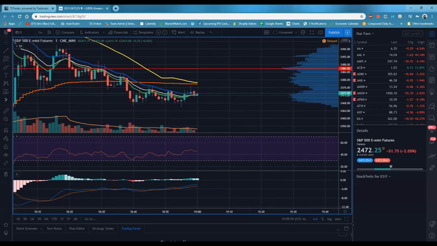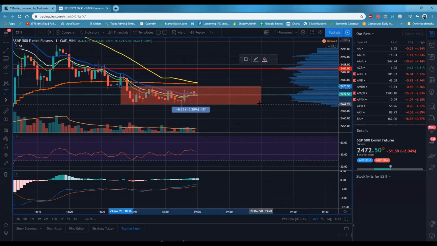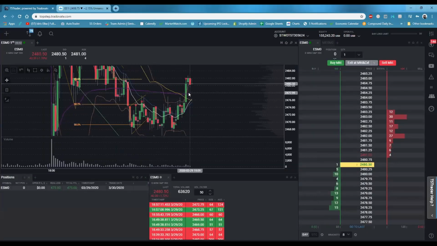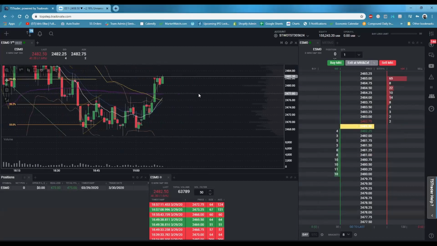VWAP is, and remember right now price is at a different area, so we're not going to get a clear picture, but this is our range, right? Here's our range, basically. Where's VWAP? This is orange on mine. The top of the range, right? Oh yeah. Sorry. So remember, this is delayed. If we broke out of the range and we're up here, where can we expect support to be? Back at the top of the range, right?